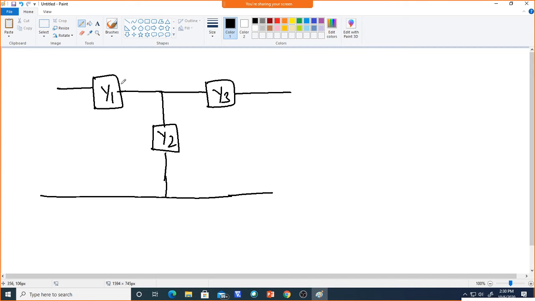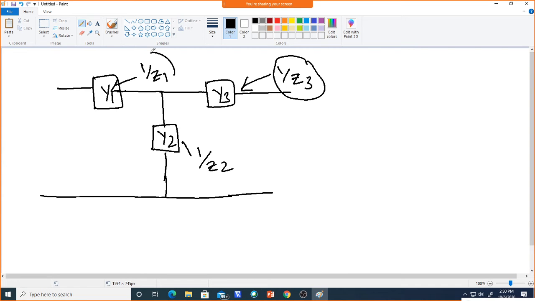Similarly, if I put y1 as 1 over z1, here 1 over z2, and here 1 over z3. Wherever z3 is there in the earlier equation, you have to replace it by 1 over z3. Wherever 1 over z1 is there, you can replace it by z1. Wherever z1 is there in the earlier one, similarly here you will get the result. Okay.